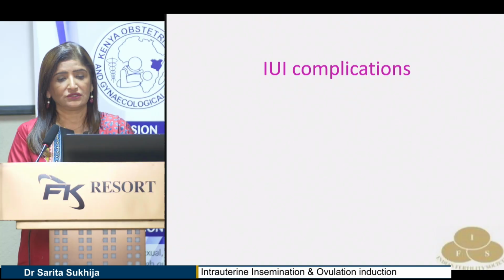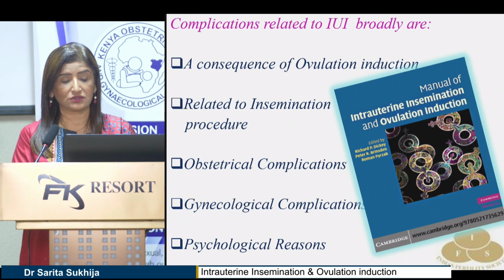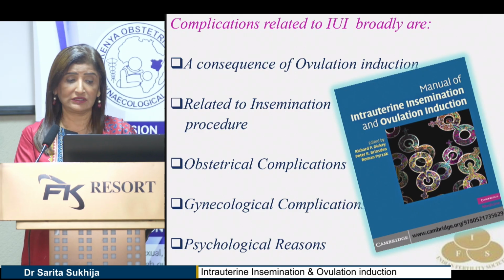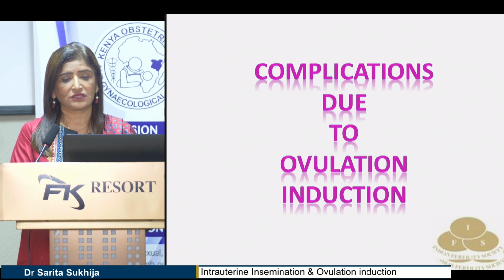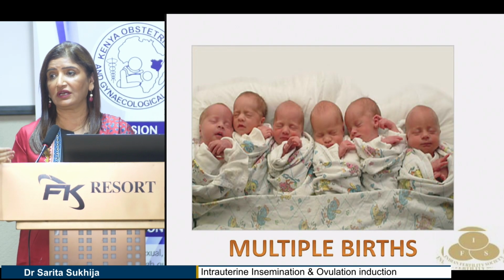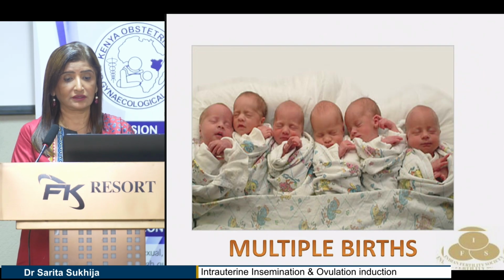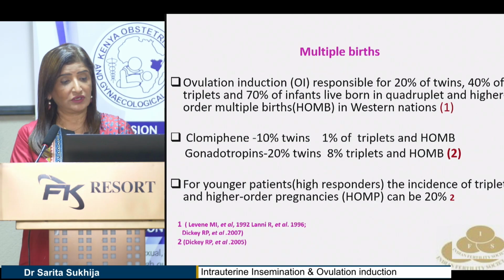The complications of IUI: we all know there can be a lot of complications related to ovulation induction, the insemination procedure, and obstetric complications. Because of the ovulation induction, as I said, if there are more than 4 follicles, it's better to cancel rather than risk multiple births, and the incidence is about 20%.